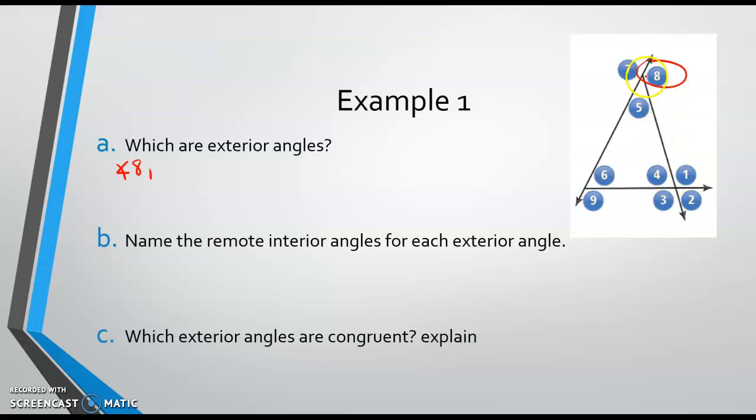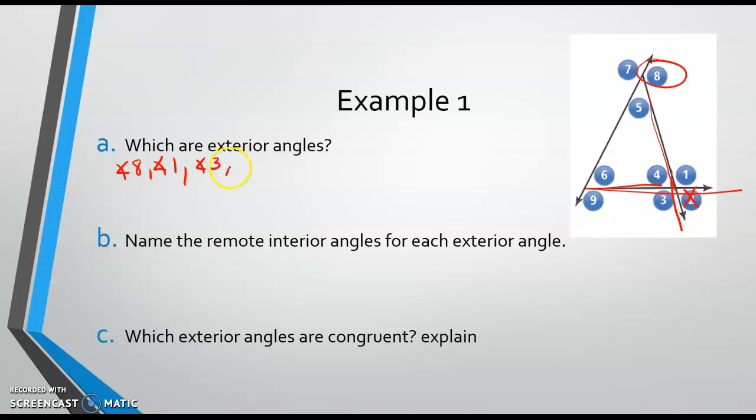All right, so moving on, here's a side and an extension, right? So angle 1 is an exterior angle. Angle 2 is not, because it is not made by a side of the triangle. Angle 3, we have the side of the triangle and the extension of our other side, so angle 3 is an exterior angle.